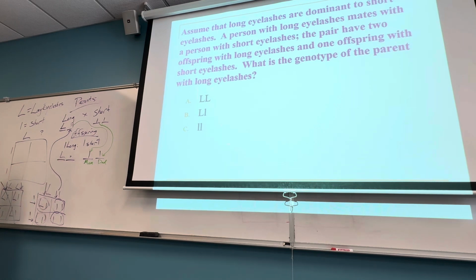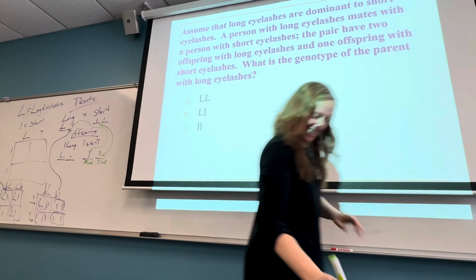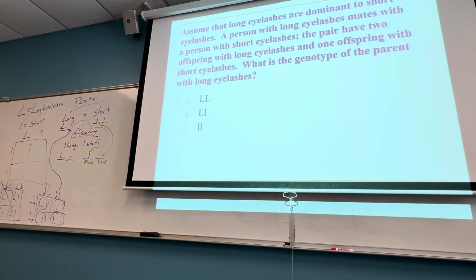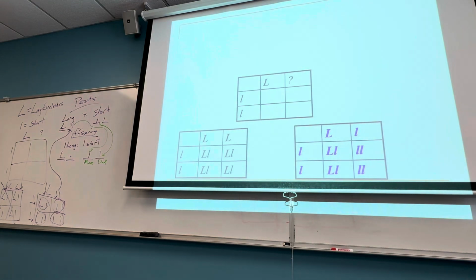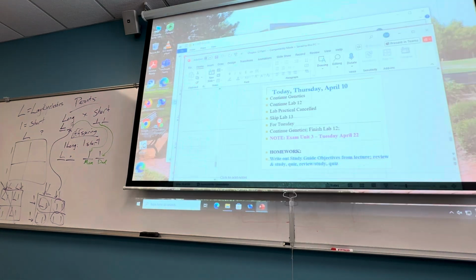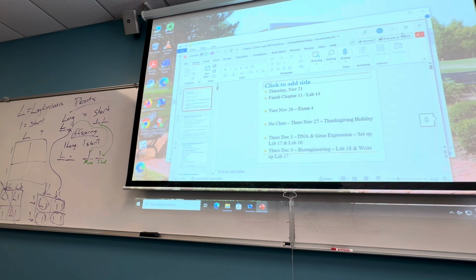Anybody question? And so here's those same Punnett squares. Any questions about monohybrids?